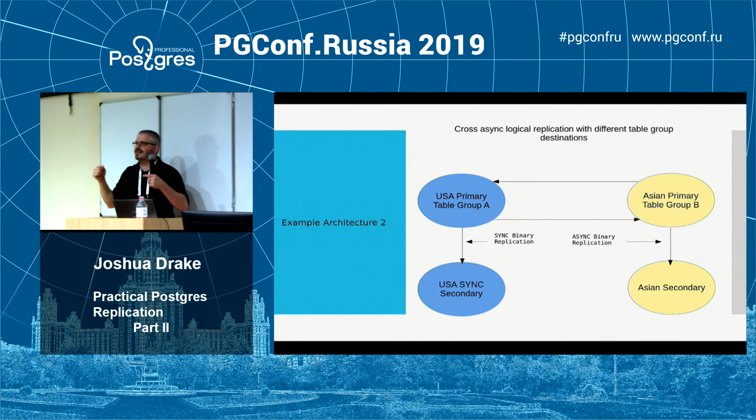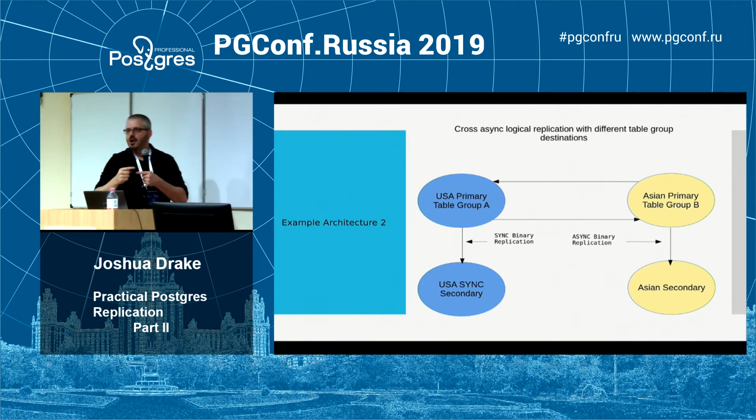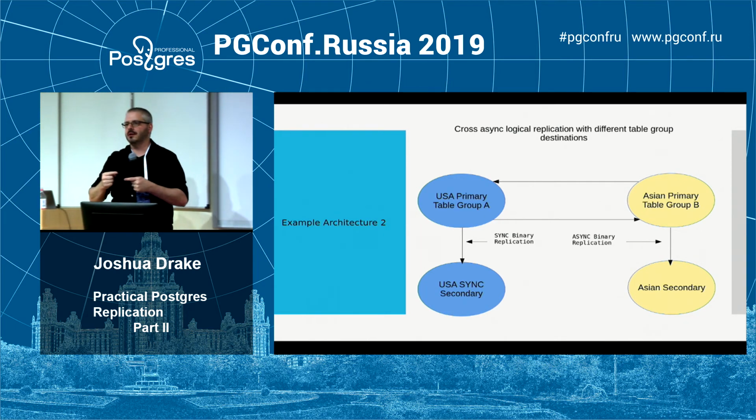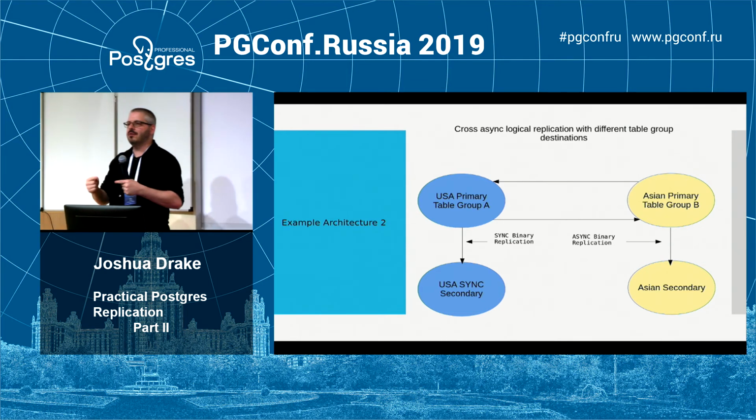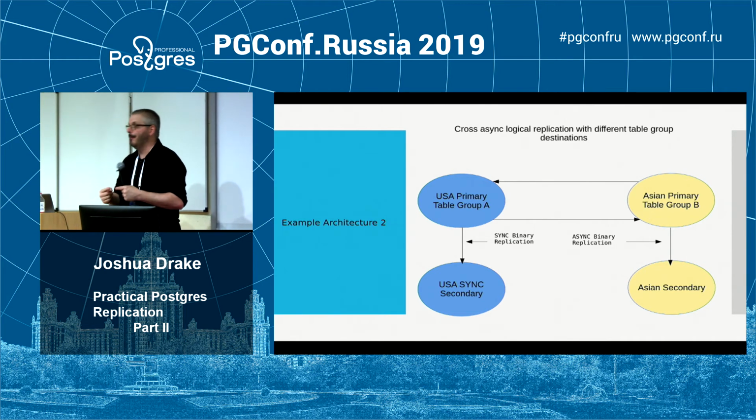But there is specific data that they have to exchange for their services to work, and we're able to do that with logical replication. We would not be able to do that with binary replication because it would violate the business rules.